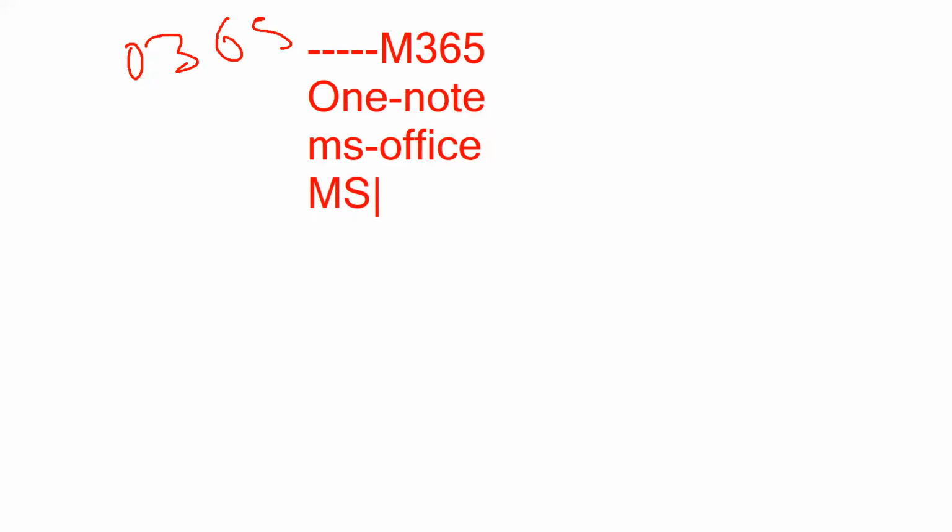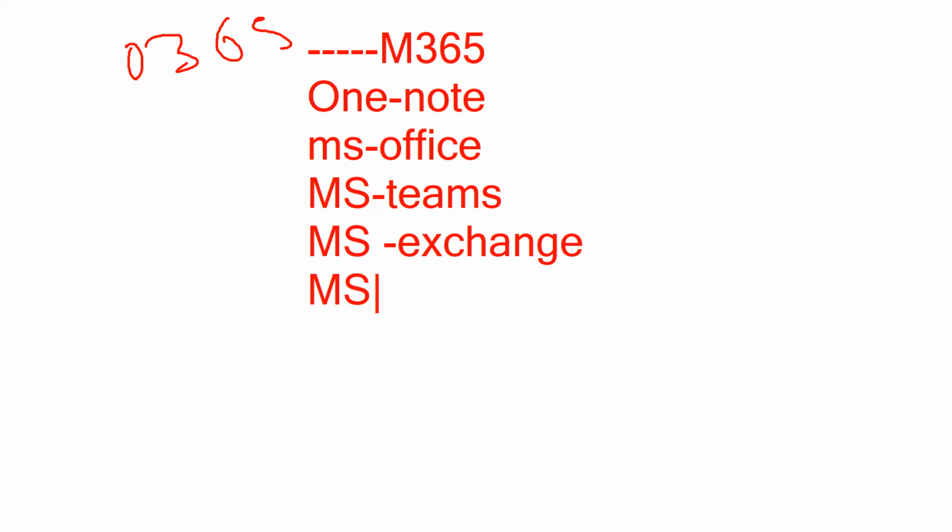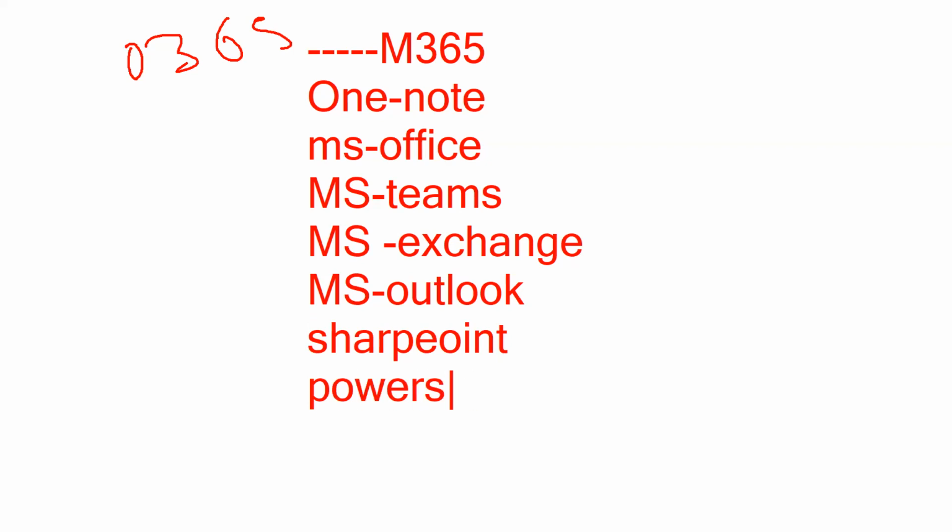Next, also MS Teams. You know, right? Next, Microsoft Exchange Server. Also, we have Microsoft Outlook, SharePoint, Power Apps, Power BI. All these come under the Office 365 suite, guys. These all come under software as a service. Best example, OneNote.